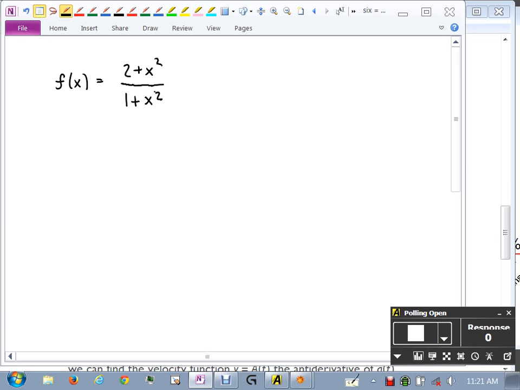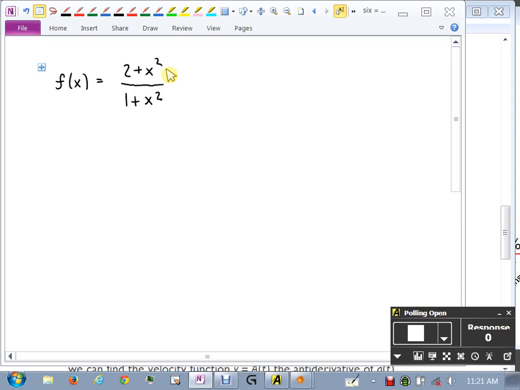The issue we run into is that it doesn't look exactly like any of our common antiderivatives that we're supposed to know off the table, although I will point out that 1 plus x squared in the bottom is related to which antiderivative? Arctangent, right? But the arctangent antiderivative has a 1 up here, and we don't have that. We have a bunch of stuff. I'm also thinking powers of x, right? We've got a bunch of powers of x.